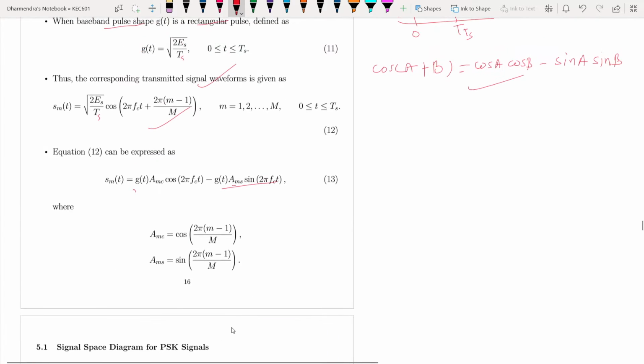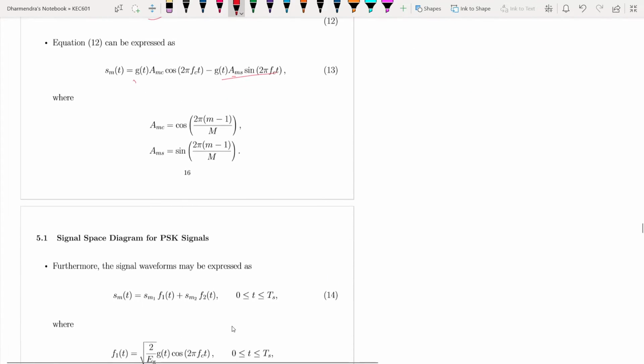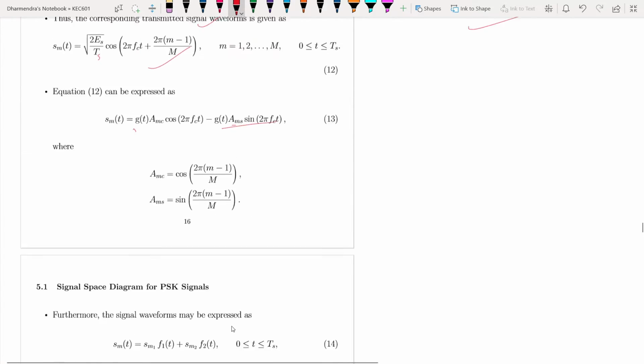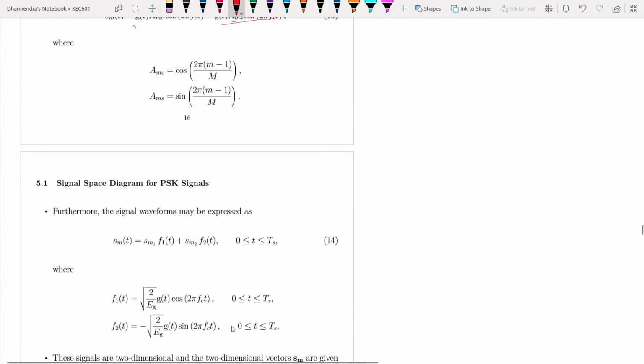So now we will find the signal space diagram for the PSK signal. For PSK with M greater than 2, it is a two-dimensional signal.